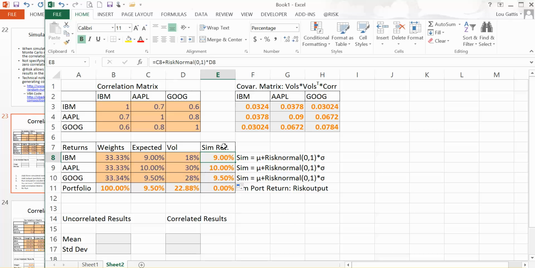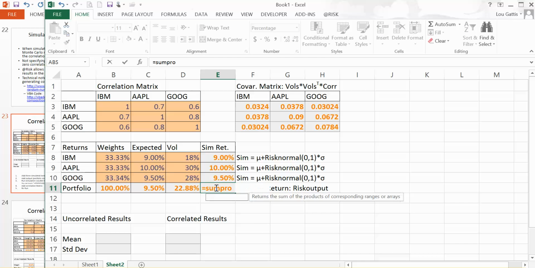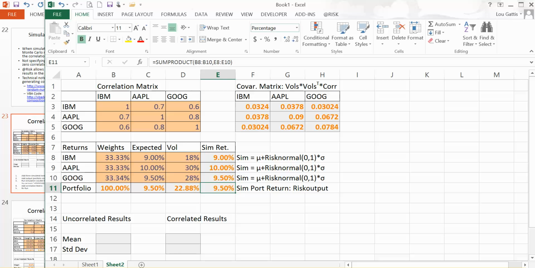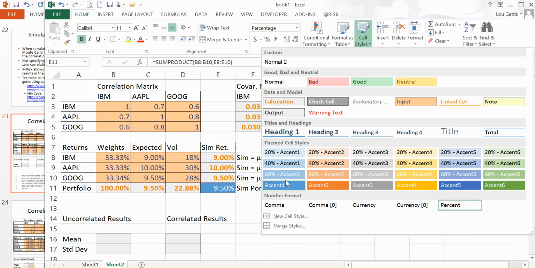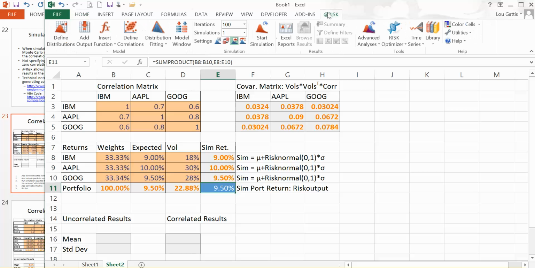Mean simulated returns, just mean plus RiskNormal(0,1) times standard deviation. And let me replace this bottom formula to just be the SUMPRODUCT. I'll take my weights, comma, my returns, and there's my simulated portfolio value. I'll add that as an output in @RISK.